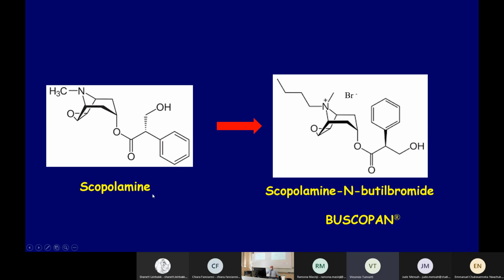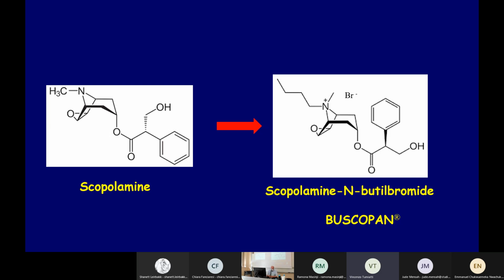If you see, the scopolamine free base is alkylated with a methyl group, and so we have the quaternary form of scopolamine. We use only the quaternary form and not the free base, because we want to limit the distribution of scopolamine only to the periphery, not the CNS.